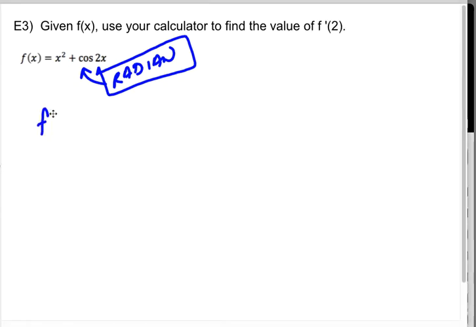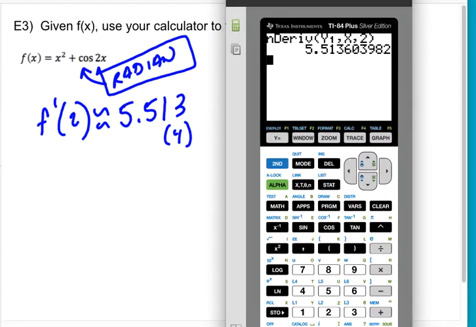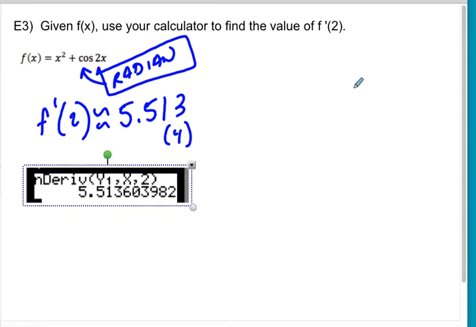So my f prime of 2 is approximately 5.513 or 4, depending on if you round or truncate, and that's absolutely fine. The nice thing about this is if you're doing a bunch of these problems in a row, you've already differentiated once with y1, and you're just using y1 again, so I can just hit second enter.